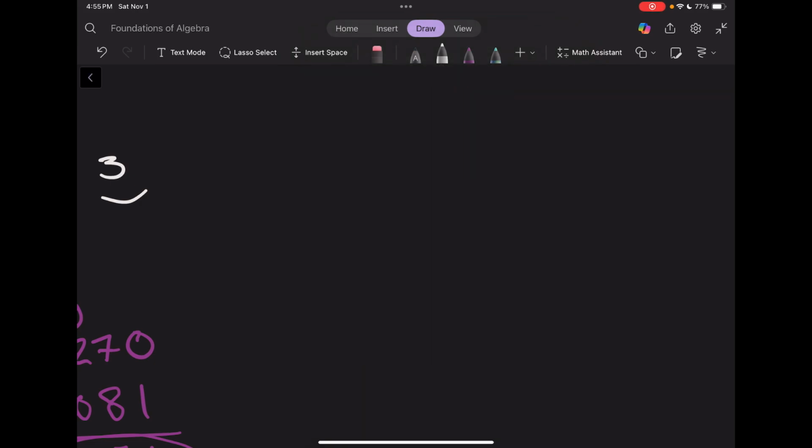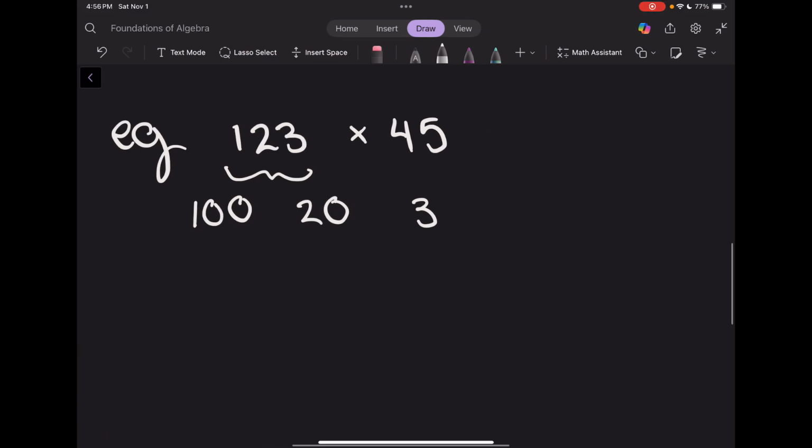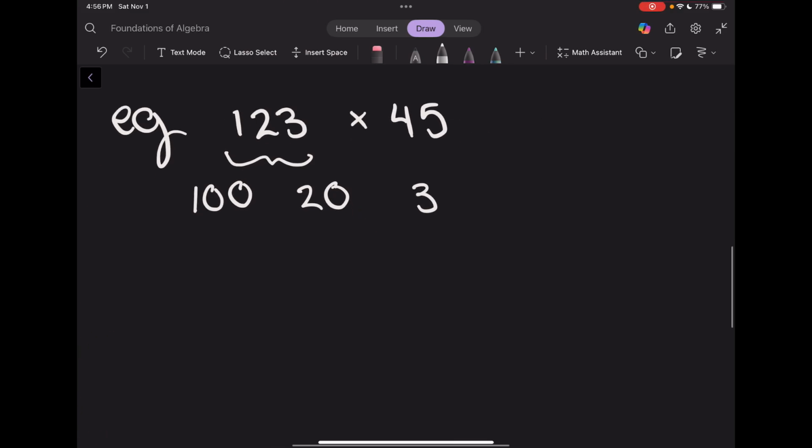Alright, let's try this with a really big number. Let's say 123 times 45. So this is going to become 120 and 3. So when you're doing the area box method, you break it up into 100s, 10s, and 1s.